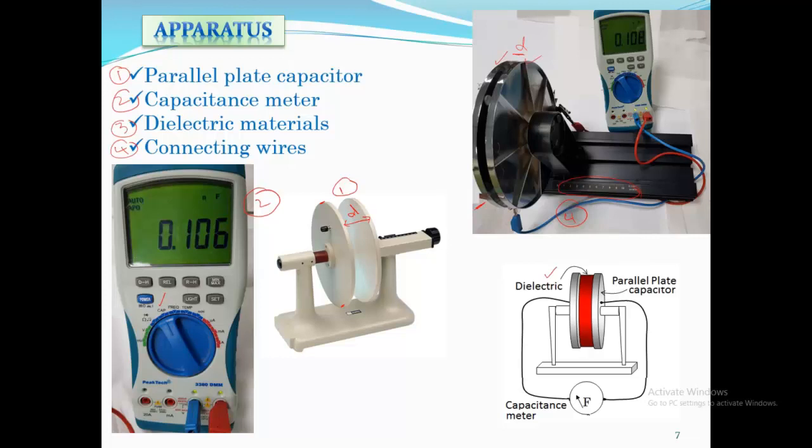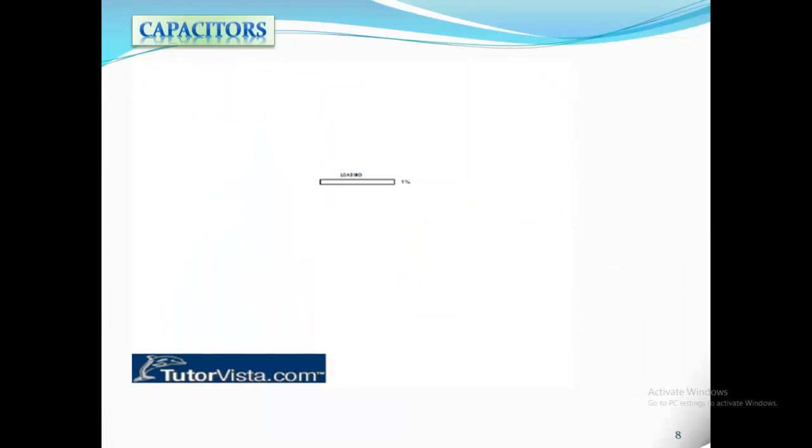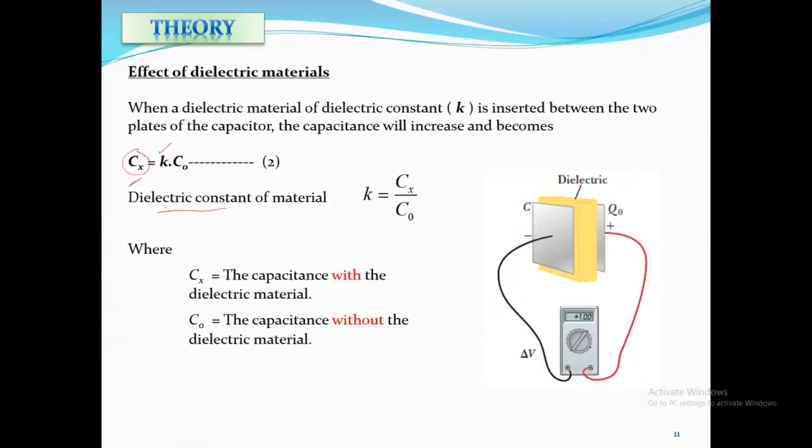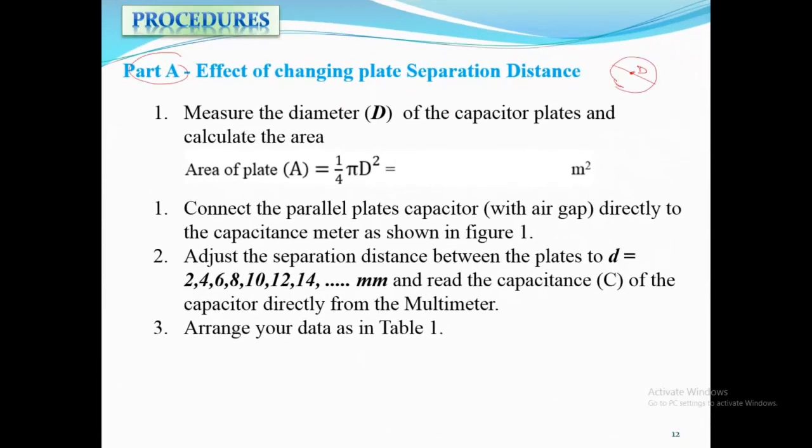So if we set the cursor of this plate at 0, then we start, for example, from 2 millimeter, and then we keep on sliding it to the right side, and you will get a new distance.